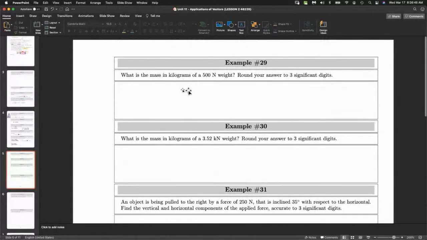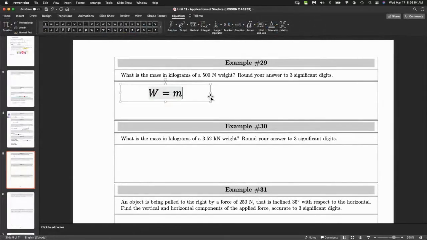In this case, we want the mass in kilograms of a 500 Newton weight. So remember, the formula is weight equals mg, and that's in the metric system.